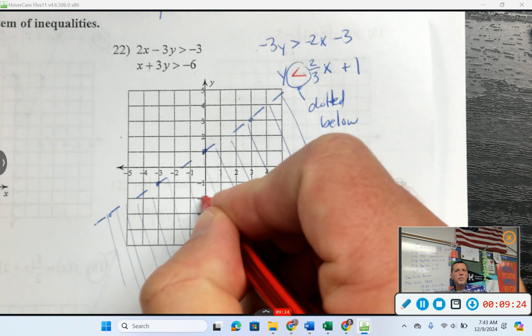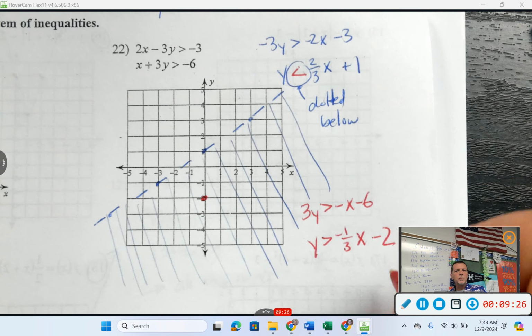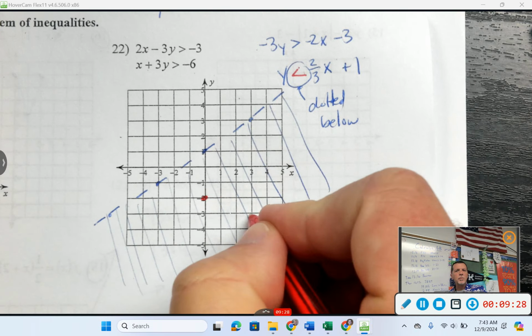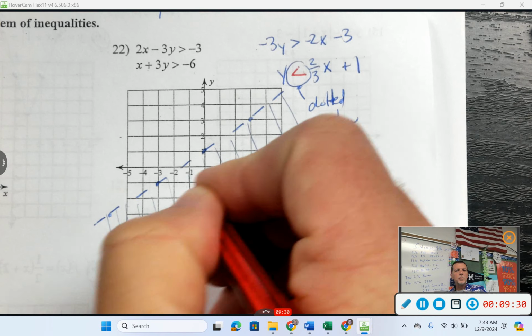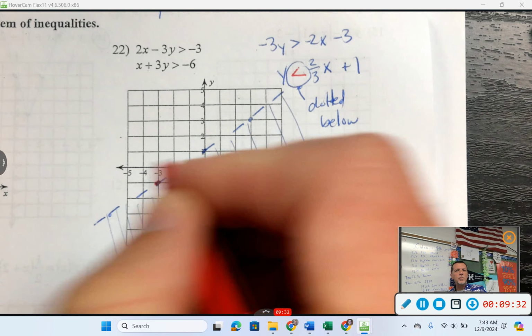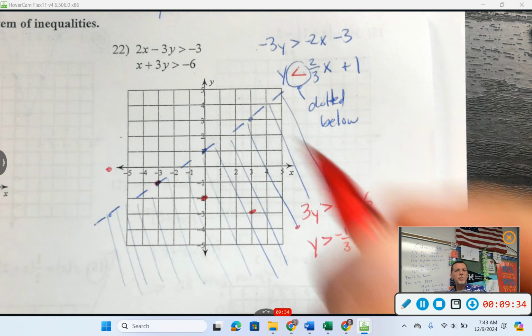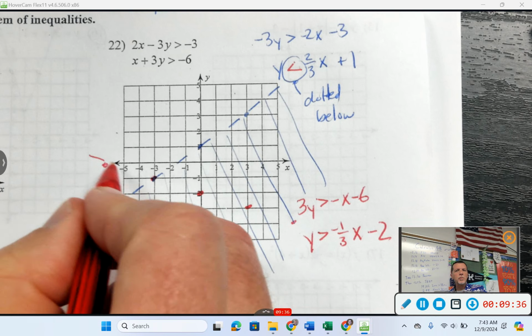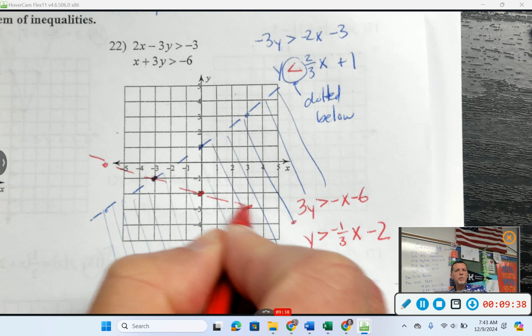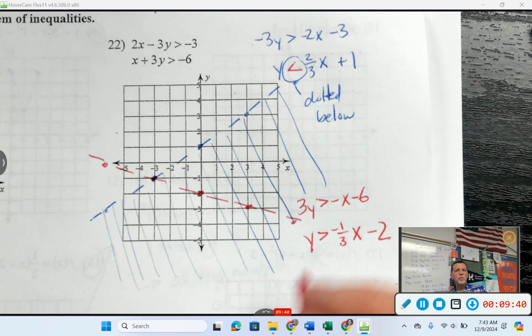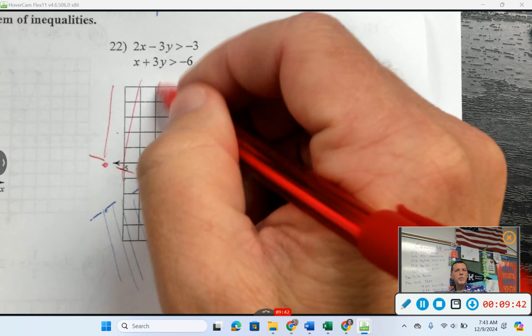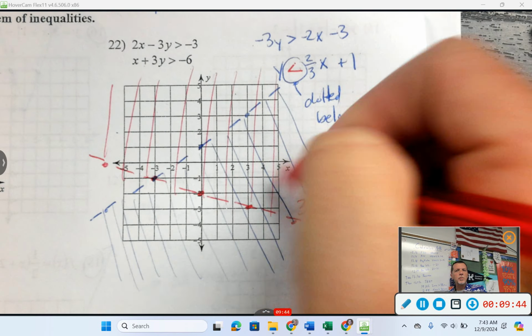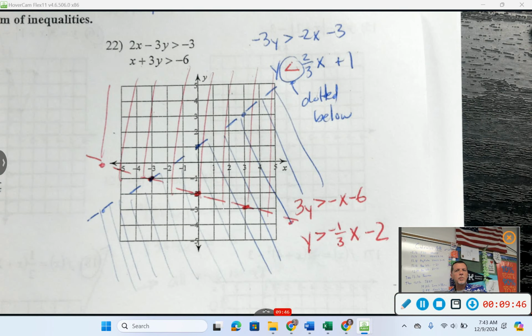Alright, negative 2 for an intercept, down 1 over 3 for a negative slope. Another dashed line. And this time we're shading above. And then I need to do something to indicate where my answer is.